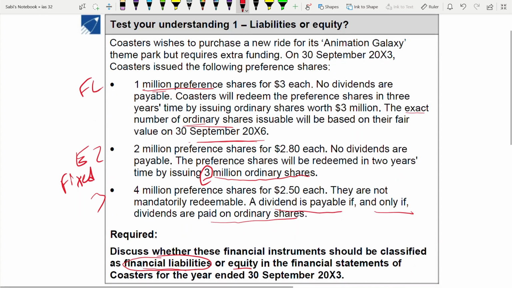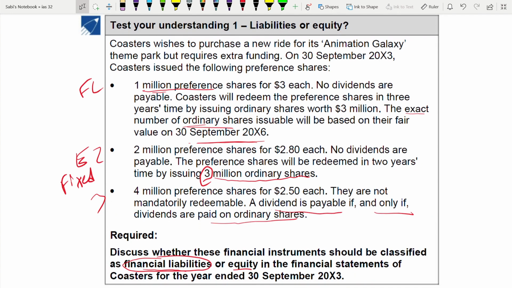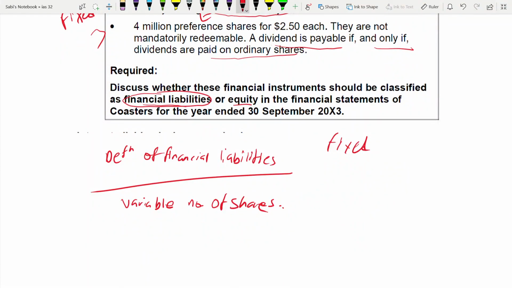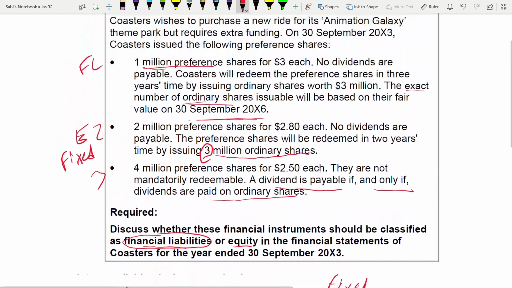Financial liability also has another definition. What is it? Contractual obligation to deliver cash or other financial asset. You can fill it. But in this case, do you have the obligation to repay this instrument?